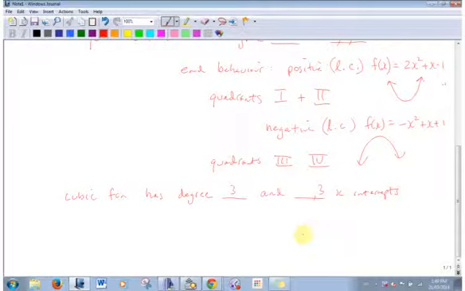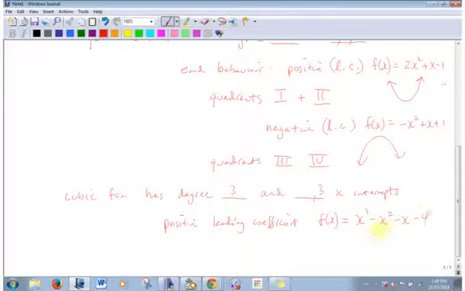Here, let's get an example. Positive leading coefficient, like for example, f of x is x cubed minus x squared. I could have all of this stuff, I could have none of it.